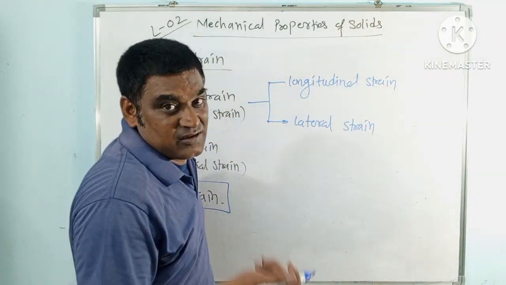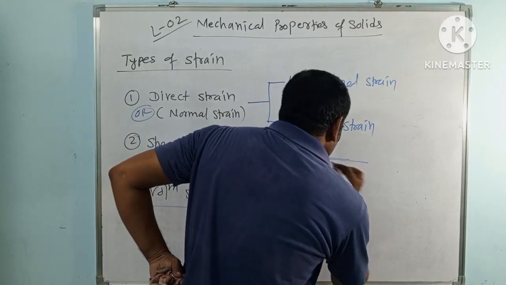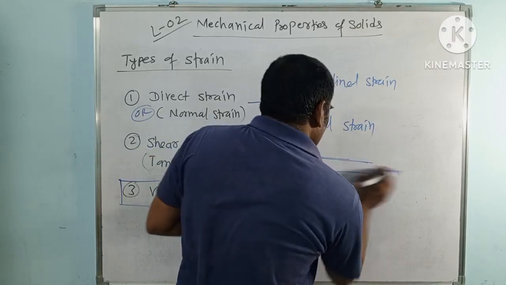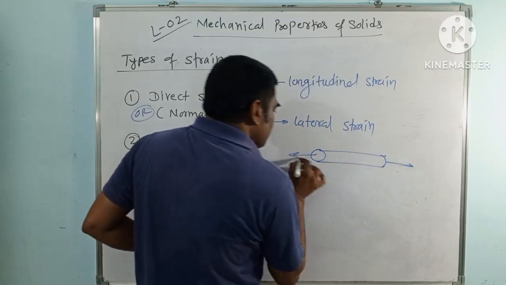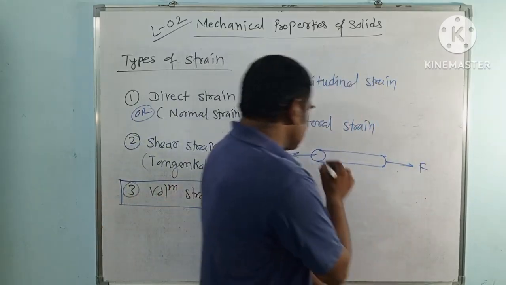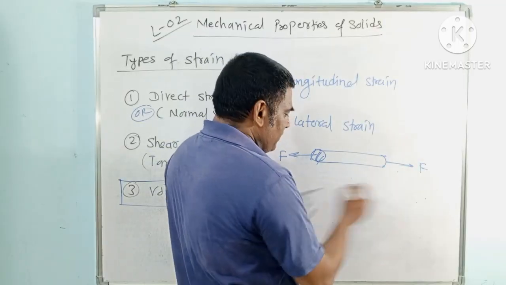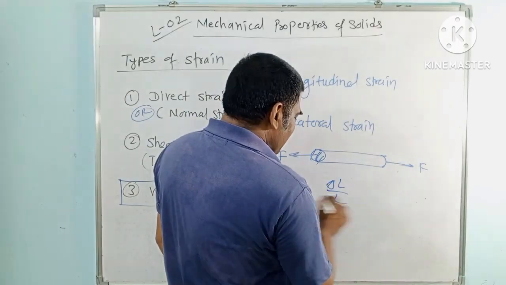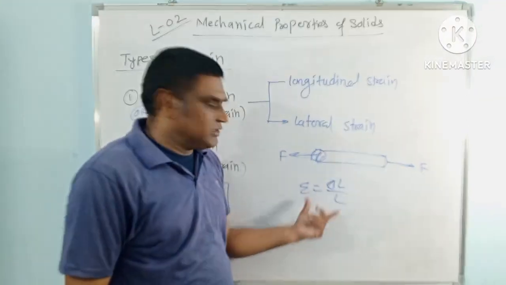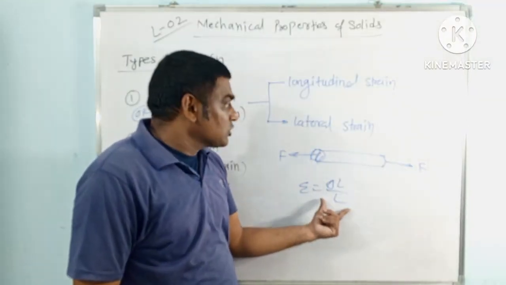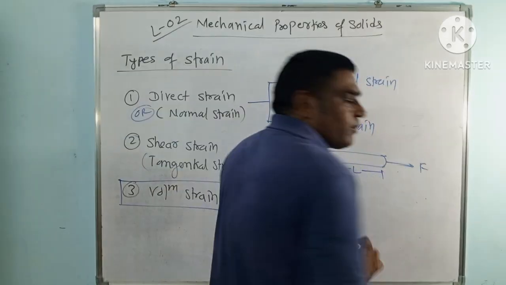What is this? So look, suppose this is a rod, and I am applying tensile force on this. So force is perpendicular to the surface. Whatever change in the length will happen, delta L by L will be the strain. Change in length divided by L. So this dimension, length, is along the applied force.